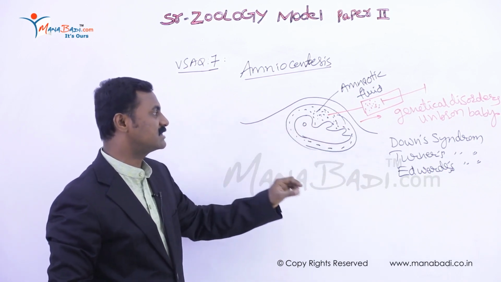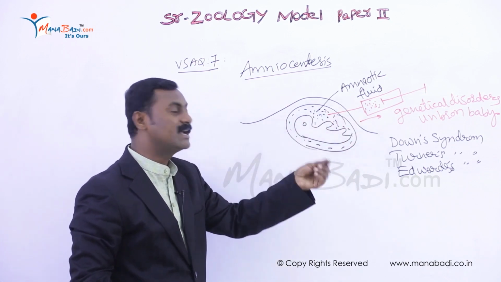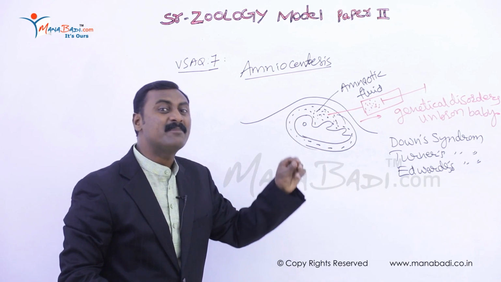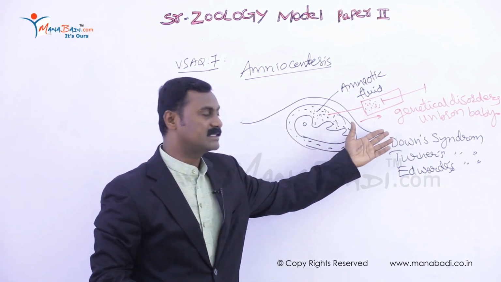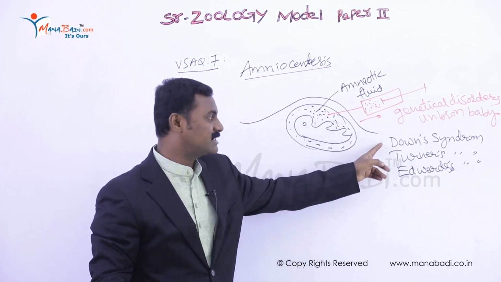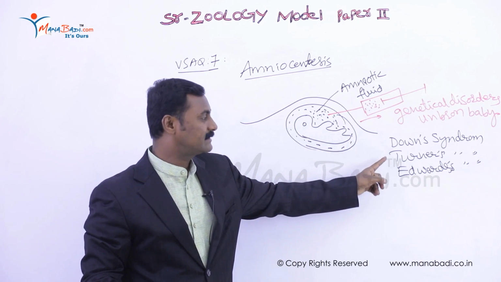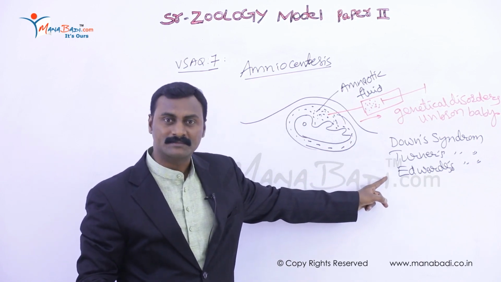Especially genetic disorders are detected by collecting amniotic fluid. In that amniotic fluid, epiblast cells are there. From those cells, they can detect the chromosomal disorders. What are the disorders? Down syndrome, Turner syndrome, Edwards syndrome.